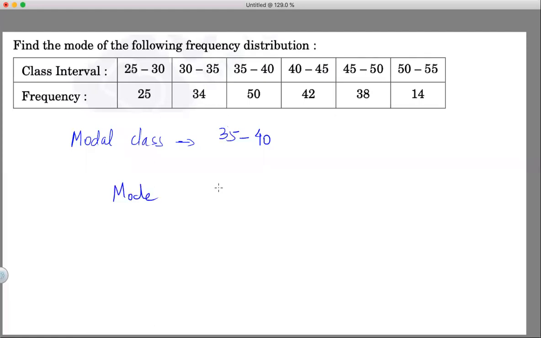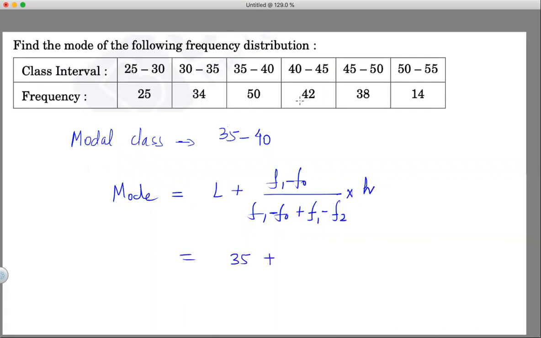Now we find the mode. What is the formula for mode? L plus F1 minus F0 by 2F1 minus F0 minus F2, right? Into the class width. So 35 plus F1 minus F0.